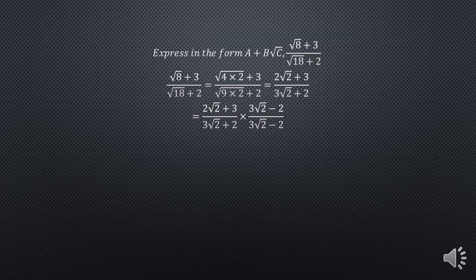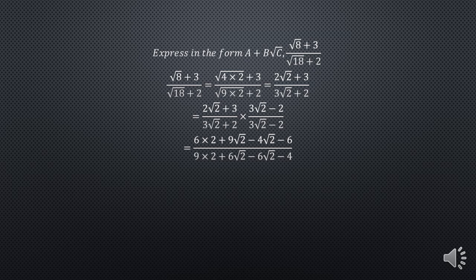And be careful, because you may end up with a negative, and the negative would have to affect whatever is inside. So multiply by 3 root 2 out of negative 2. Again, we do it slowly. 3 root 2 times 2 root 2, so 3 times 2 times root 2 squared.